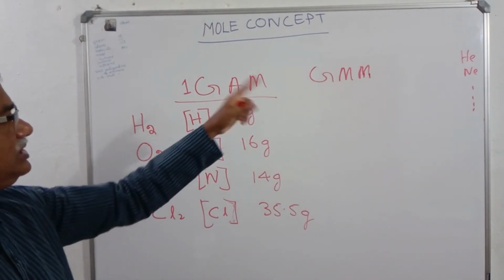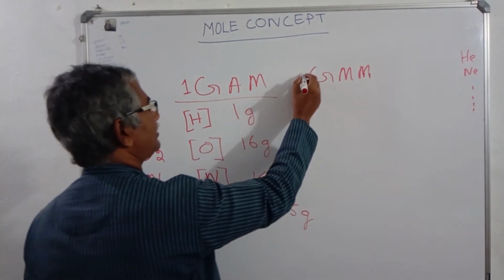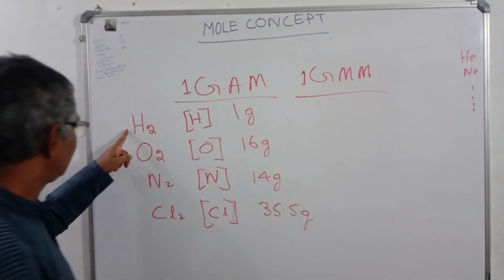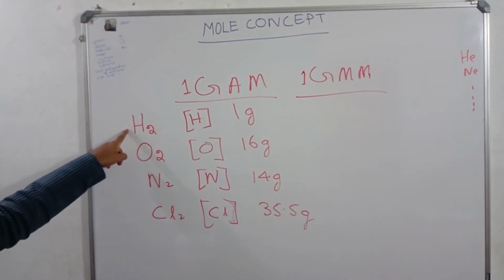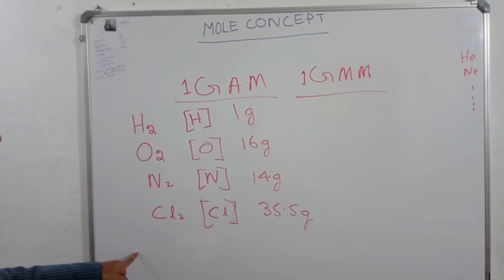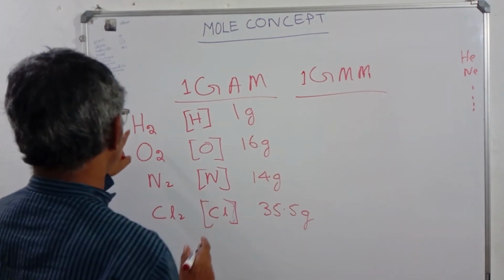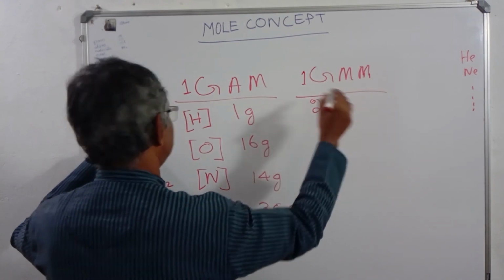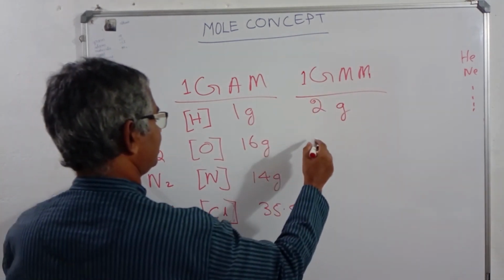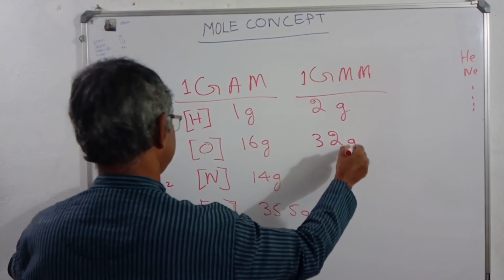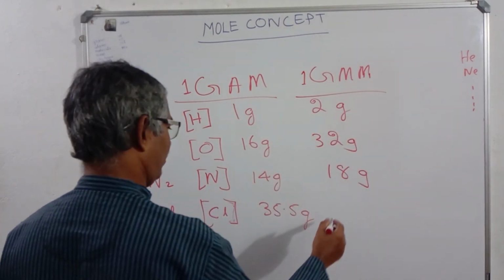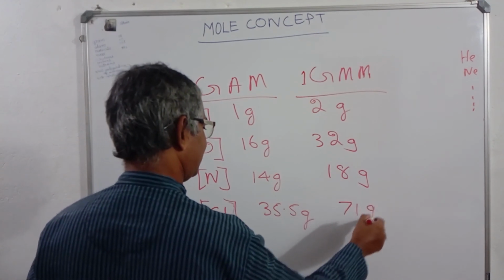Both GAM and GMM can be calculated for diatomic reactive gases. So atomic mass of hydrogen 1 gram, GMM 2 gram, oxygen 32, nitrogen 28, chlorine 71 gram.